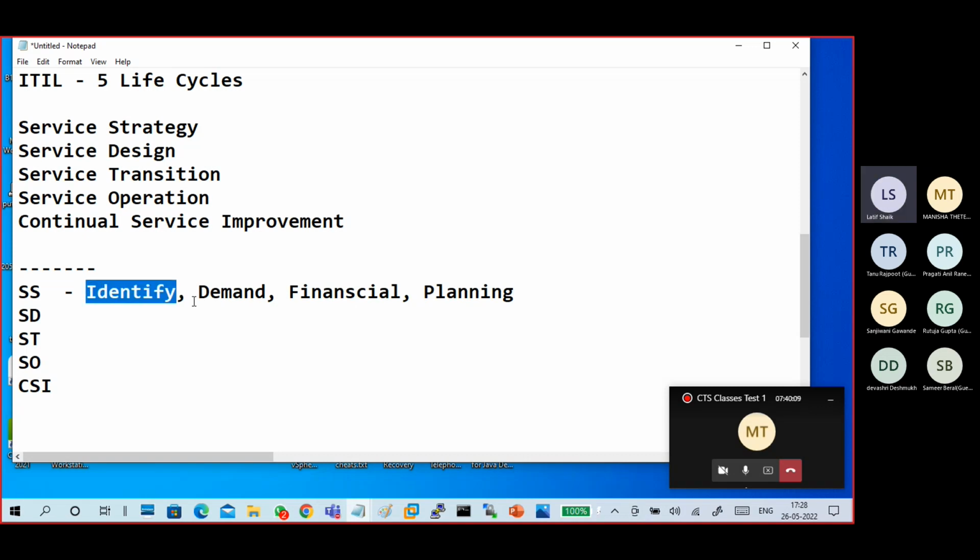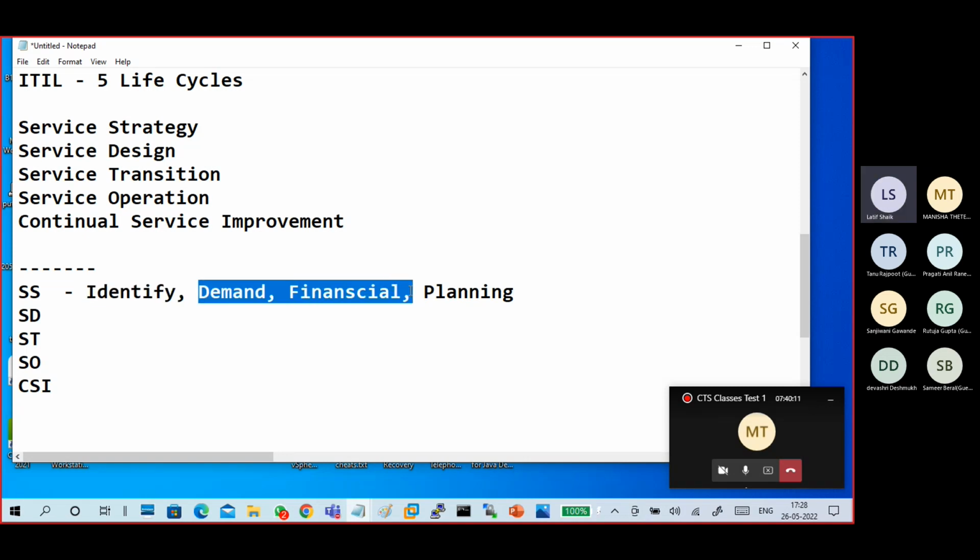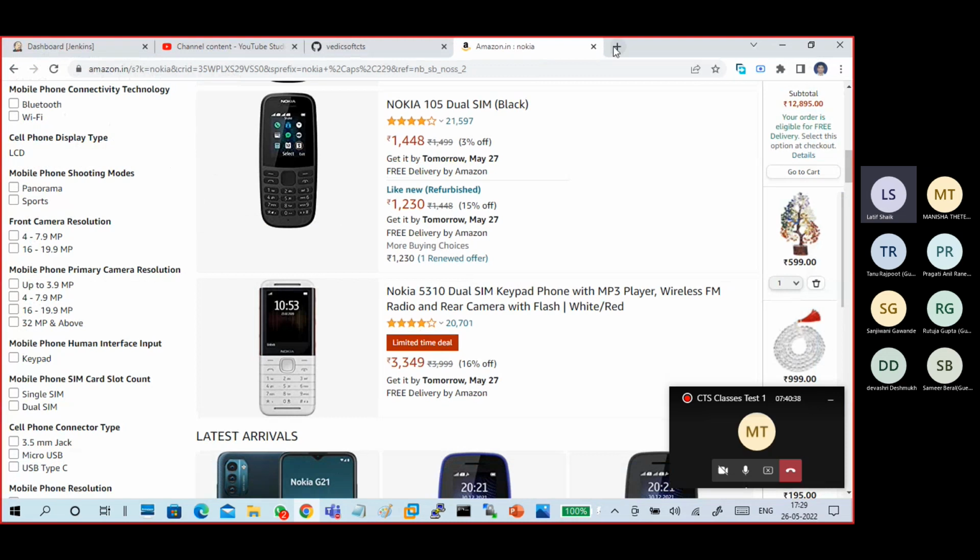Important points are there: identifying and planning. These all belong to service strategy. Depends upon it, identify your business, plan according to it, and also check your demand and financial situations, like do you get a bank loan, do you have black money, do you have some other extra income, do you want to rotate the money from your business, that kind of stuff.